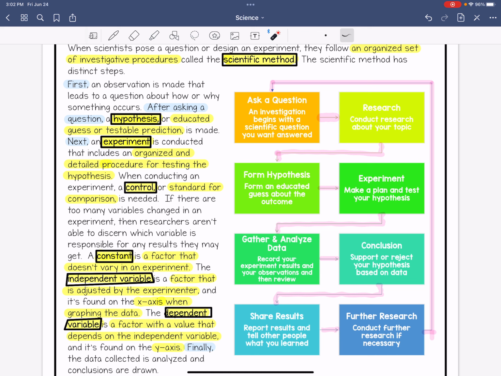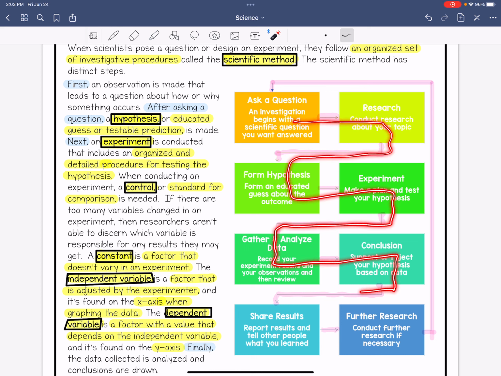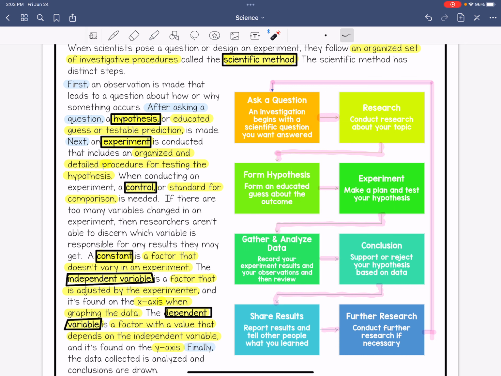This has to do with breathing. So sometimes further research can start this process all over again. But you can't skip steps. You cannot skip steps. You must do the process in order. That is the thing about the scientific method. It has to follow the step-by-step sequence.